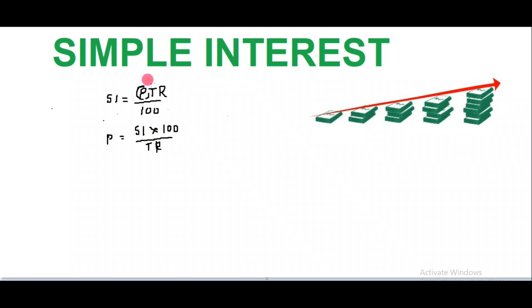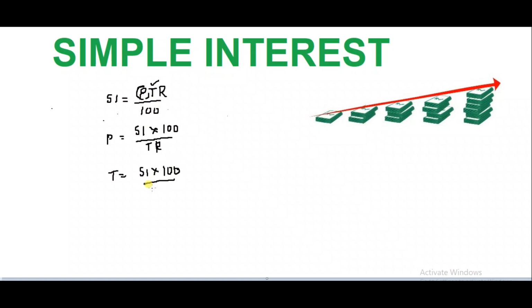Sometimes they will ask what is the value of T. So T equal to, you can simply send all the remaining terms to the left hand side. 100 becomes multiplication, SI into 100. Simple interest into 100 by, next, send this P and R to the left hand side.